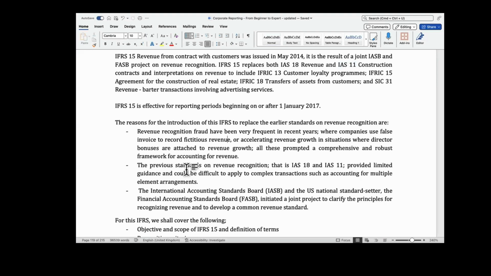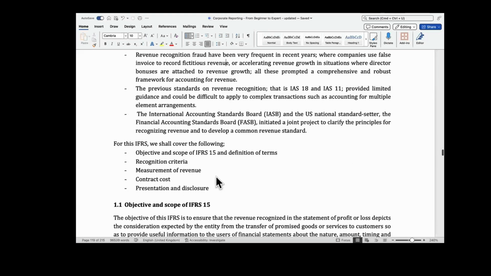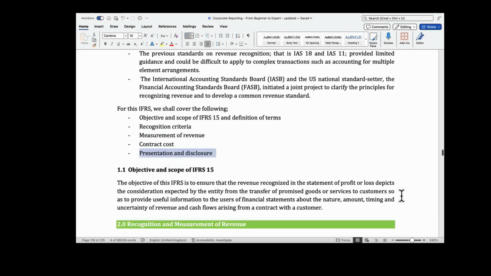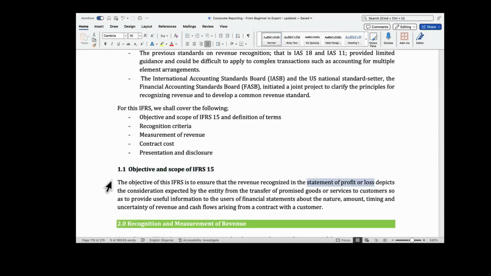The objective of this standard is to ensure that revenue recognized in the statement of profit or loss depicts the consideration expected by the entity from the transfer of promised goods or services to customers.